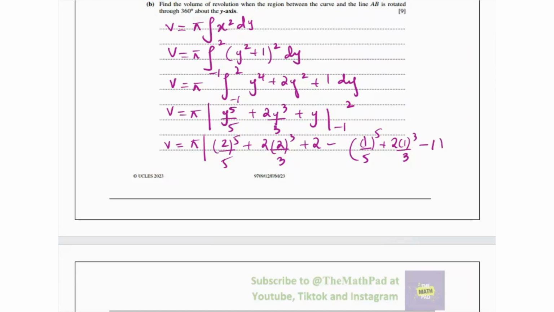And then -1. So that's going to give us 32 over 5 plus 16 over 3 plus 2, minus (negative 1 over 5 minus 2 over 3 minus 1), times pi. So this is going to simplify to 78 over 5 pi.